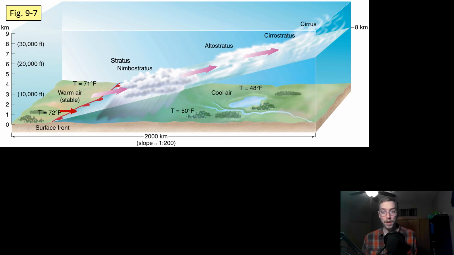We see here in this example of a warm front, this warm parcel of air moving over this wedge of cold air. The further you move up, we see this general transition from stratus or nimbostratus clouds to altostratus, cirrostratus, and cirrus, as you move up in altitude. So you might have gentle rain in the stratus or nimbostratus area, but you lose that as that air is forced further up and cools down more and rises further into the atmosphere.